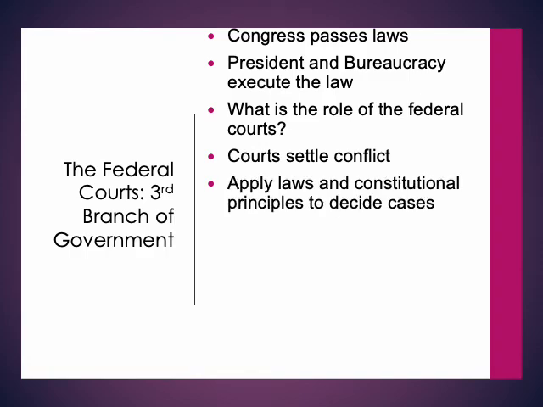Basically, when there's a conflict, people will come to the court and present their case, each side. The court will listen to the sides of each case, and then it will apply law and constitutional principle to decide those cases, okay?